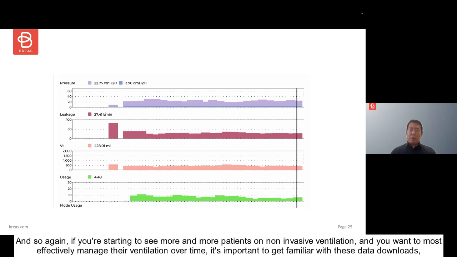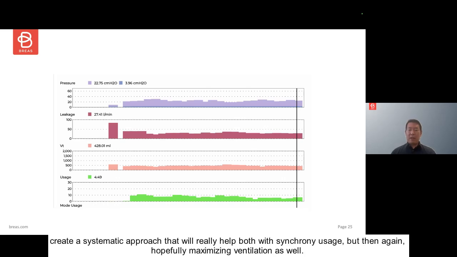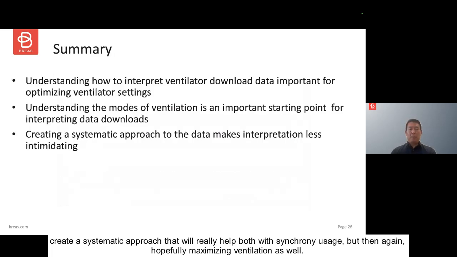And so again, if you're starting to see more and more patients on non-invasive ventilation and you want to most effectively manage their ventilation over time, it's important to get familiar with these data downloads, create a systematic approach that will really help both with synchrony usage, but then again, hopefully maximizing ventilation as well.